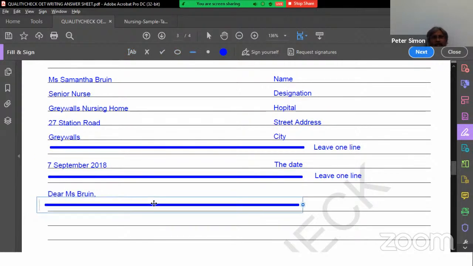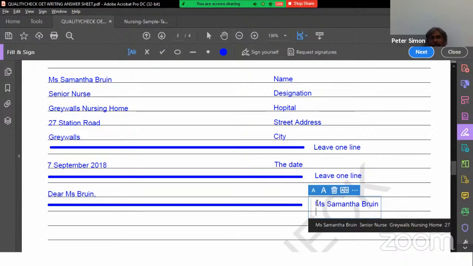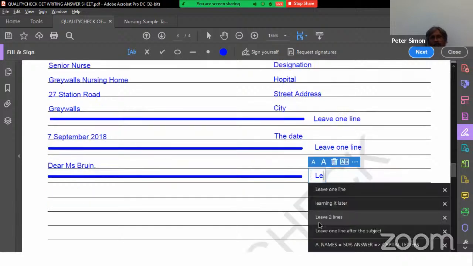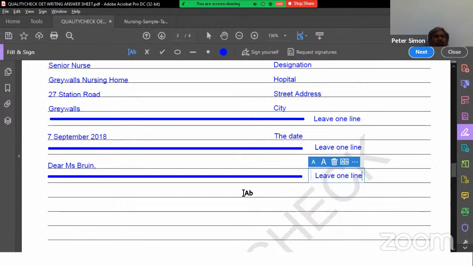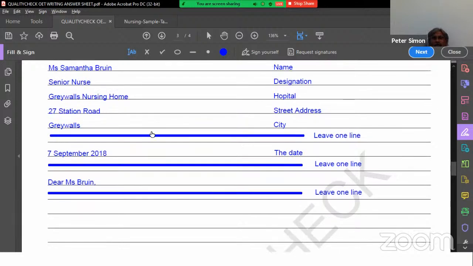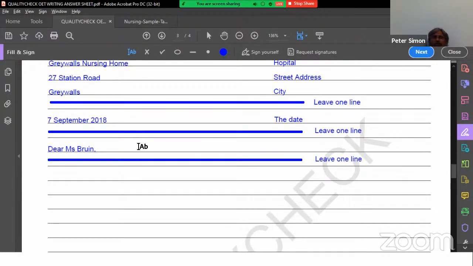Leave one line again. Yeah, finished. So address finished, date finished, then salutation finished.